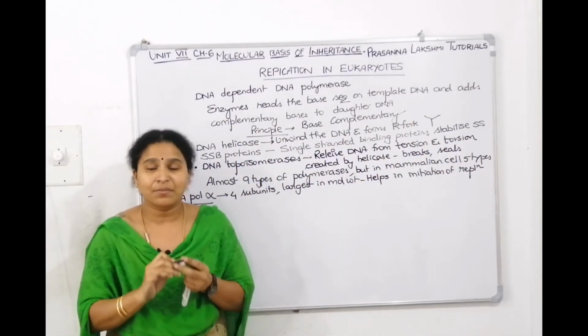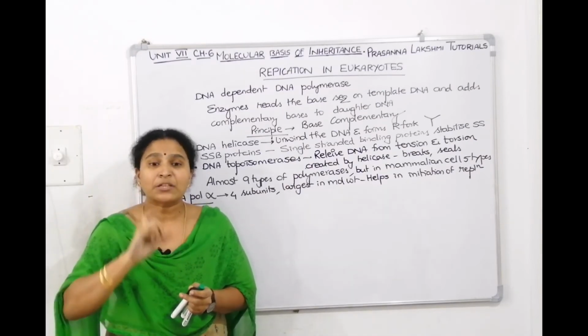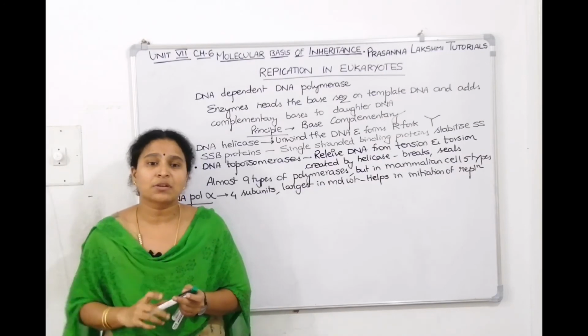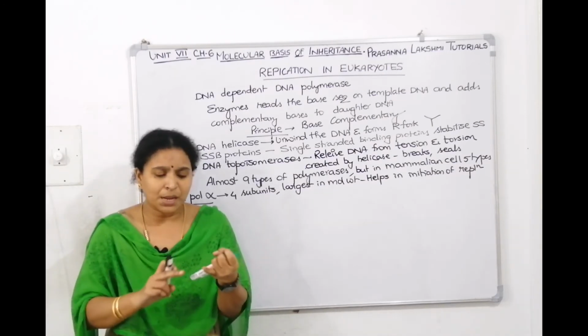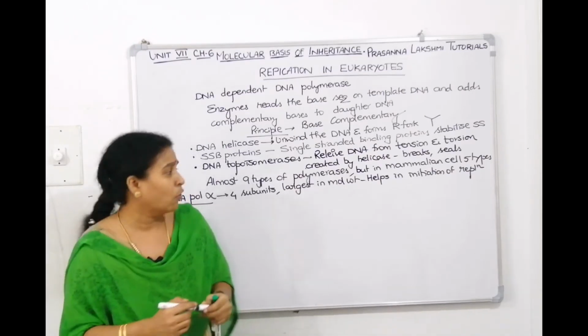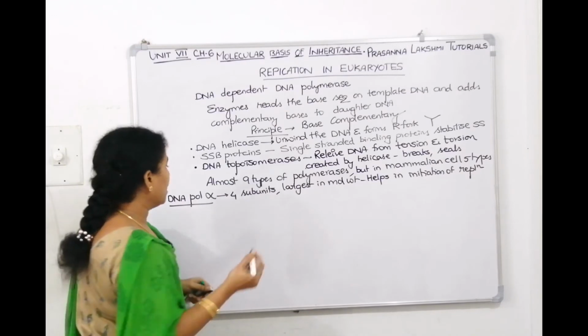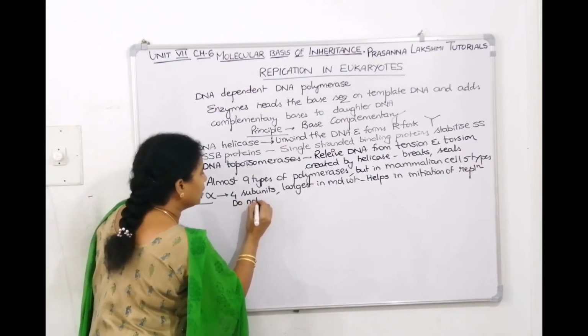It can have polymerizing activity. Coming to 3' to 5' exonuclease activity and 5' to 3' exonuclease activity, this alpha doesn't have any exonuclease activity. 3' to 5' exonuclease activity, no. 5' to 3' exonuclease activity, again no. It has only polymerizing activity.